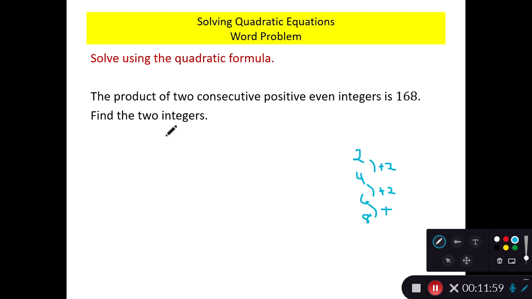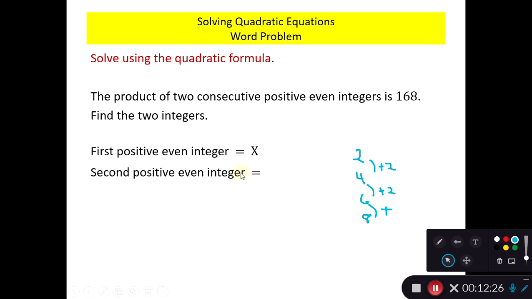So if the first positive even integer is x, I have no idea whether it's going to be 2, 4, 6, 8, maybe it'll be 22, but it's an even positive integer. How would I show the next integer? Add 2. X plus 2 would be the very next one.